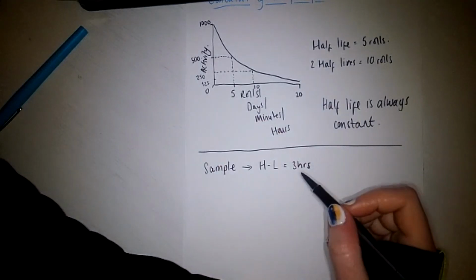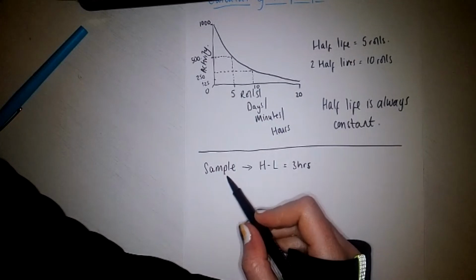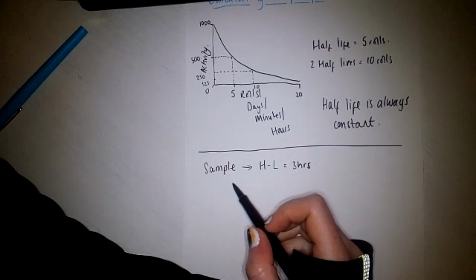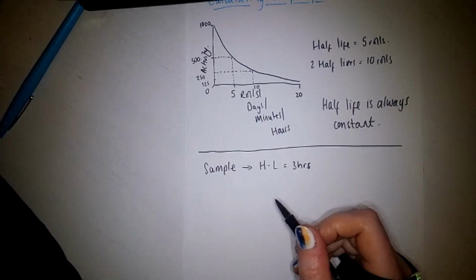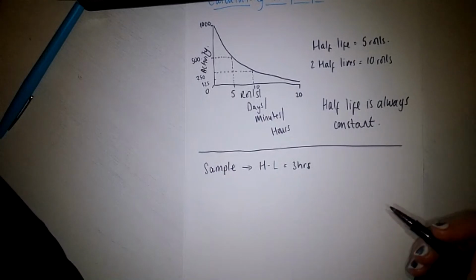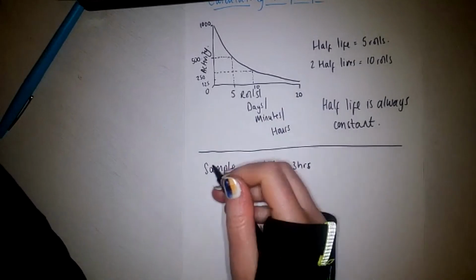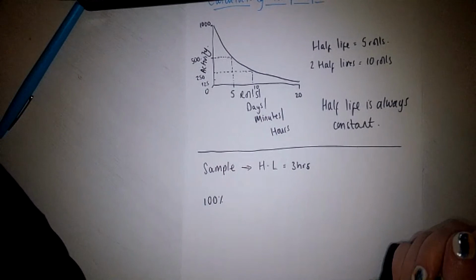I want to know, how long will it take for this sample to fall below 12.5% of its activity? So I'm going to write out some steps and we're going to fill in the half-lives and the hours it's going to take. At the beginning, I've got 100% of my sample.